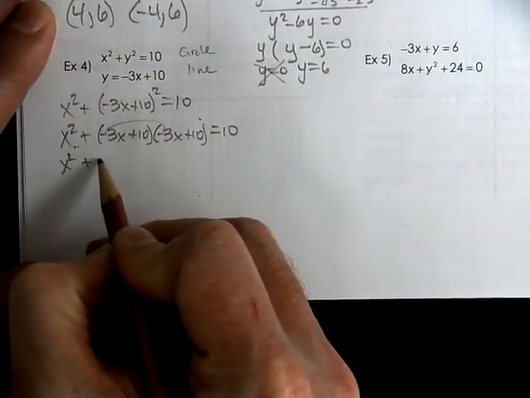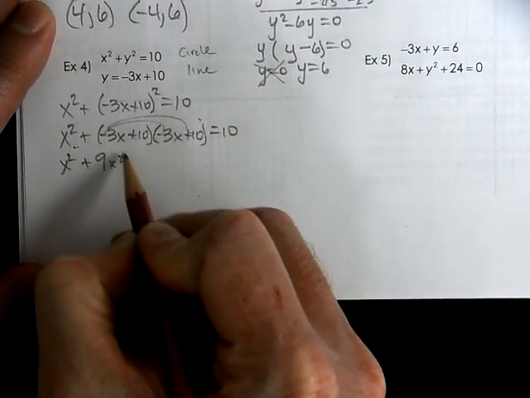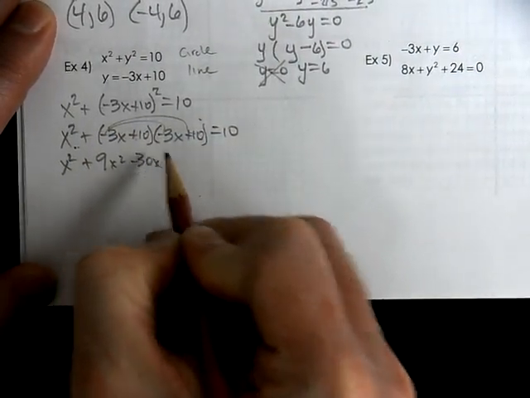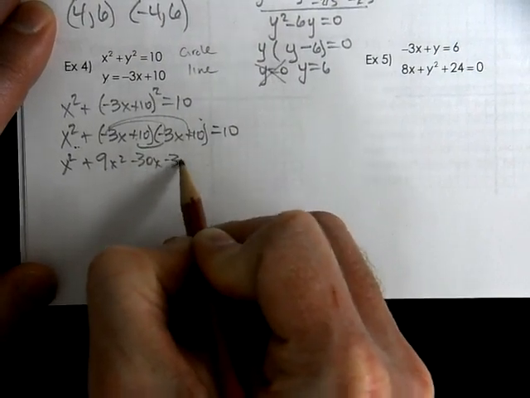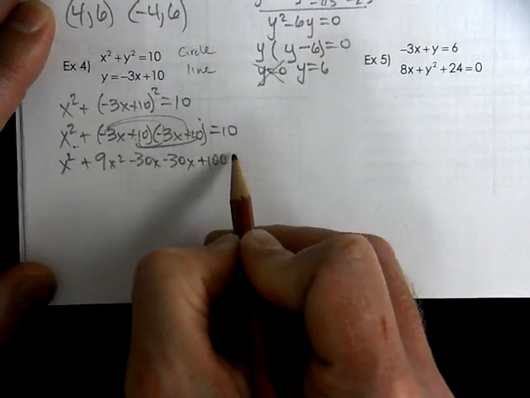And then I'm going to FOIL this together, and I get 9x squared, negative 30x, another negative 30x, and then I get 100.